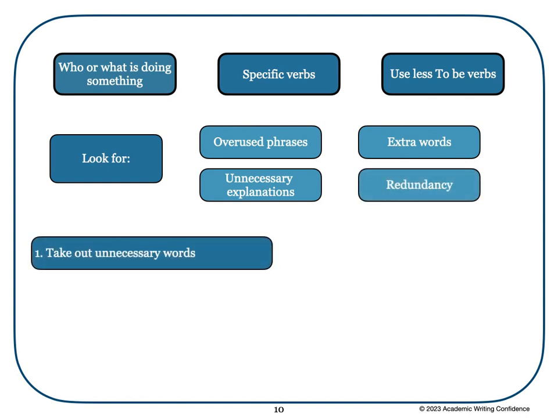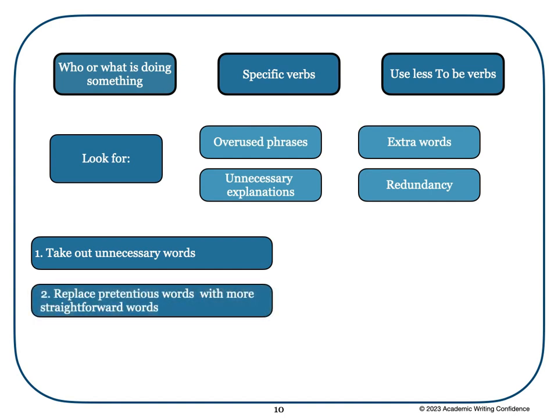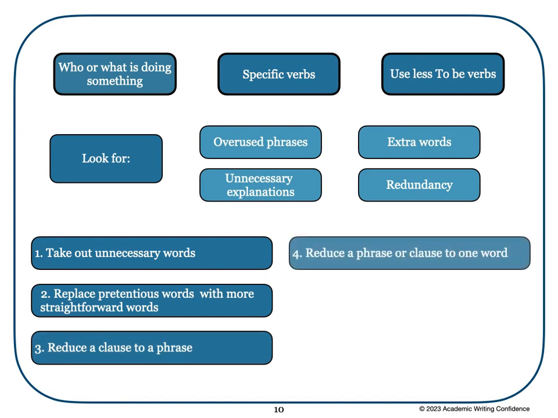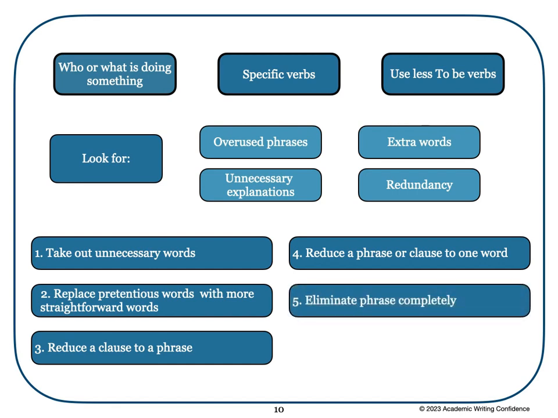Take out unnecessary words. Replace pretentious words with more straightforward words. Reduce a clause to a phrase. Reduce a phrase or clause to one word, or eliminate a phrase completely. All of these things will help you to be able to write more concisely.